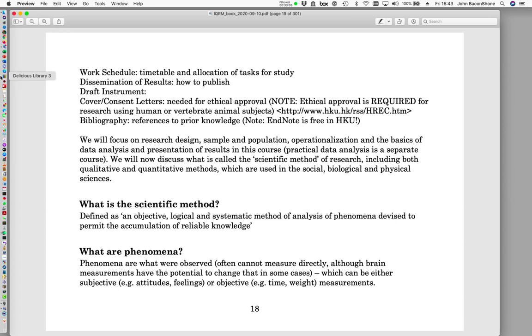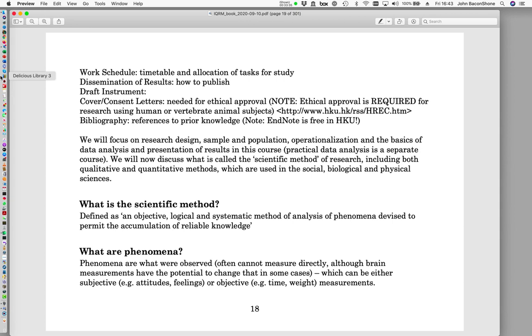In fact, there are many things which we can't measure directly. Something as basic as temperature, we usually measure indirectly. Brain measurements, for example, have the potential, in principle, to change our understanding of human behavior. But in general, a lot of what we study in human behavior is by observation or by self-report from the human beings.